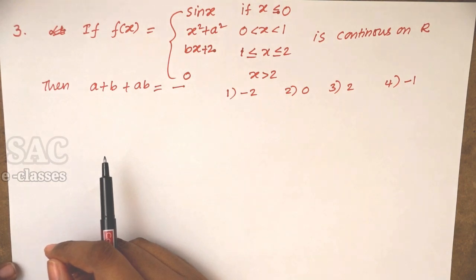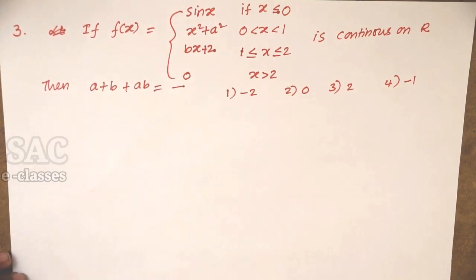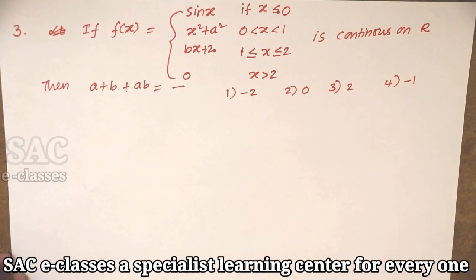Now look at the third problem. It was given in the MCET 2017. Now we are going to apply the continuity concept. Until now we have verified at what values the function is continuous or maybe discontinuous.